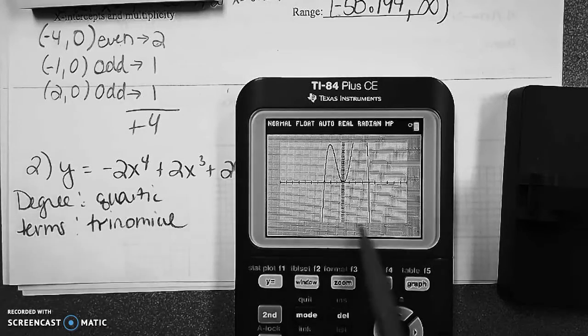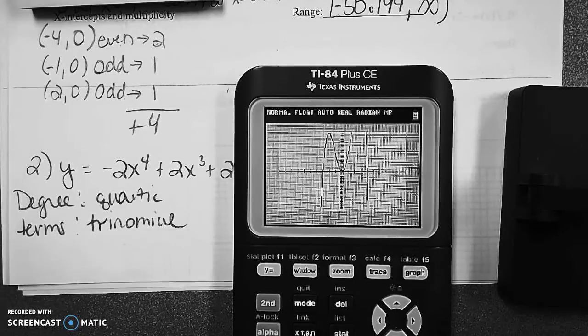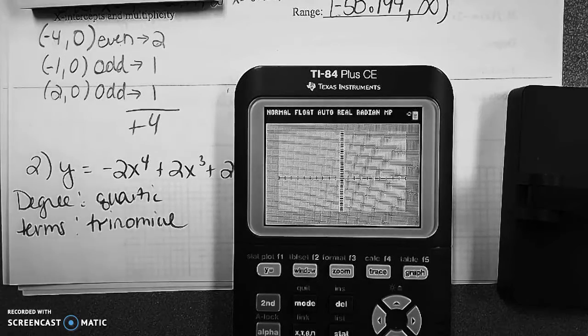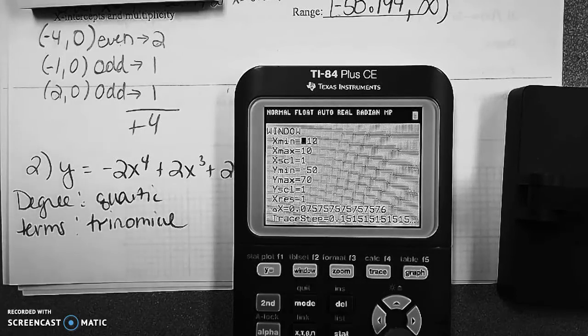I see I can see low enough. I just need to see higher. So I'm going to remind you how to change that. Hit window, and to see higher, I need to increase my y maximum. So it's on 50. Let's try 70. Oh, not high enough. So window, let's just go ahead and do 100. Y max 100.